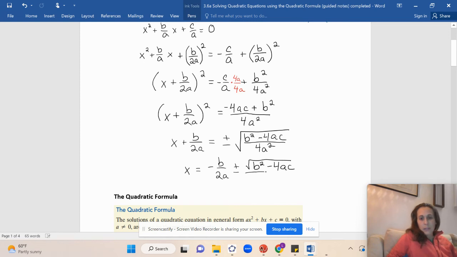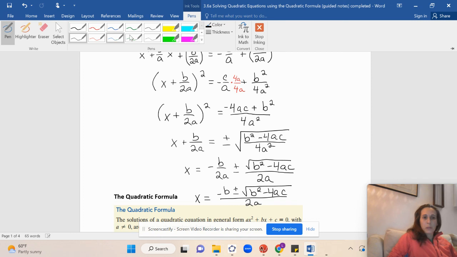But we can take the square root of the denominator, and the square root of 4a squared is 2a. And then finally, if we go ahead and add across the top, we have the same denominator here, lucky us. So we have negative b plus or minus the square root of b squared minus 4ac, all divided by 2a, which is our famous quadratic formula.